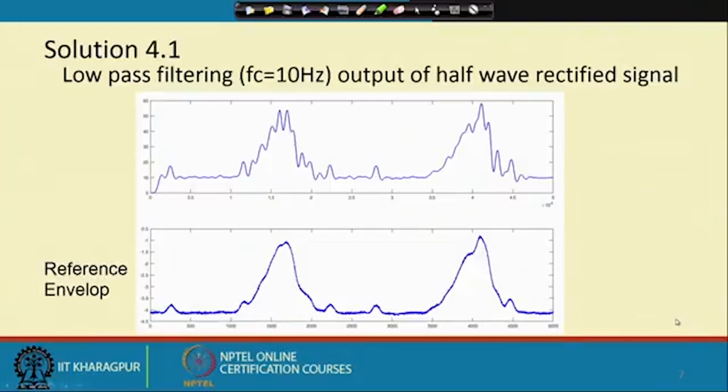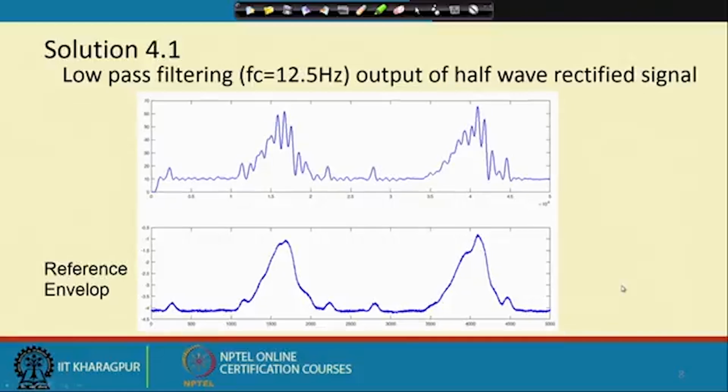Here we can see it more clearly. For the low pass filtering at 10 hertz cutoff frequency, the output of the half wave rectifier is shown with respect to the reference.